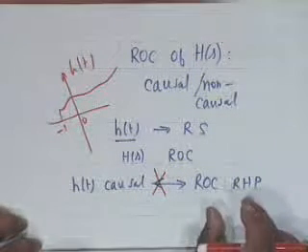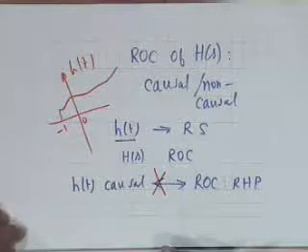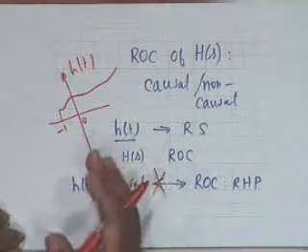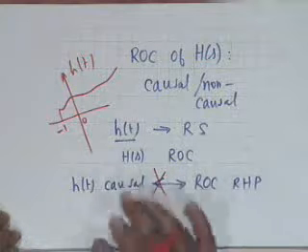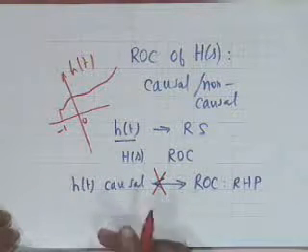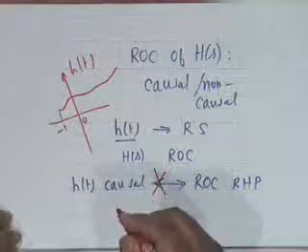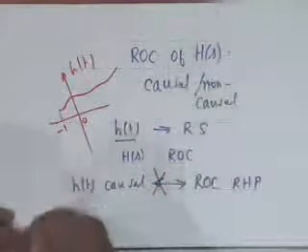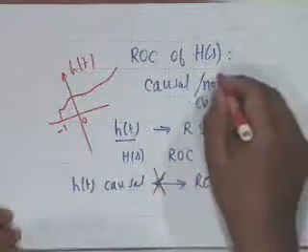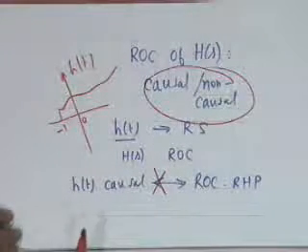In a similar manner, if the ROC is an LHP, left half plane, you cannot conclude that the system is non-causal. It may be causal, it may be non-causal. It depends on whether the impulse response starts from t equal to 0 or not, because that is the concern with regard to causality or non-causality.